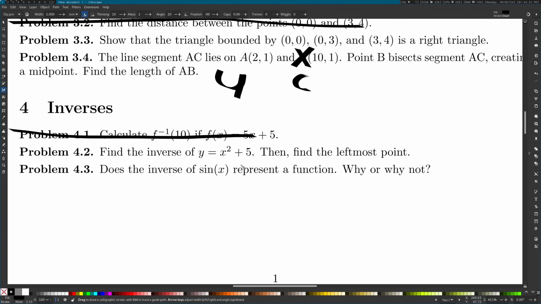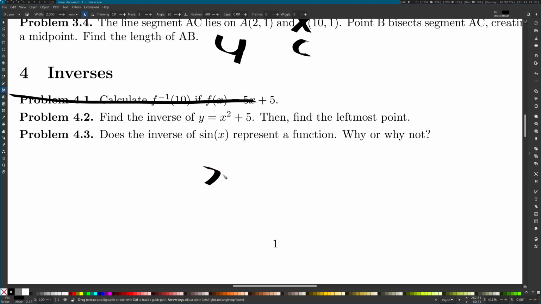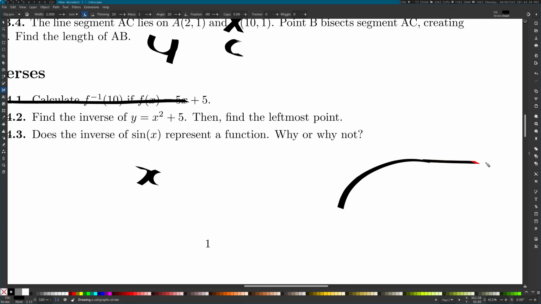Find the inverse of y is equal to x squared plus 5. Wait, wouldn't that be, what's the name for it? What's one of the vocab words? It's not a function, it's a relation.